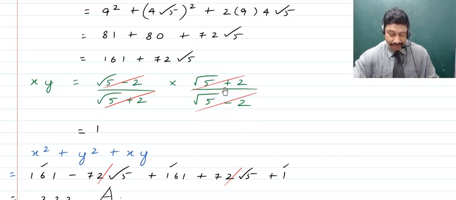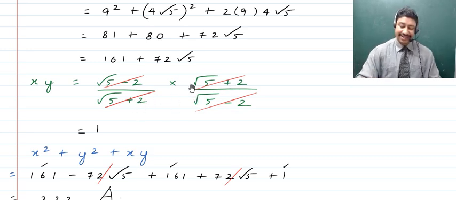So we find that both of these terms from the numerator and from the denominator, being identical terms and also in multiplication, will get cancelled. Similarly, we will have these terms also getting cancelled as they are identical and in multiplication. So the value of xy will come to 1.